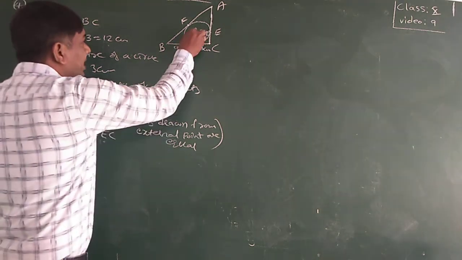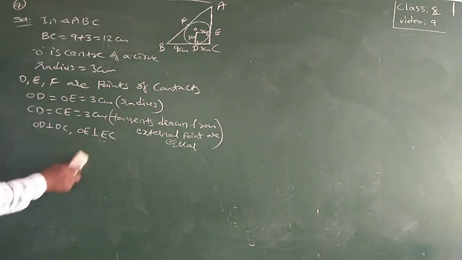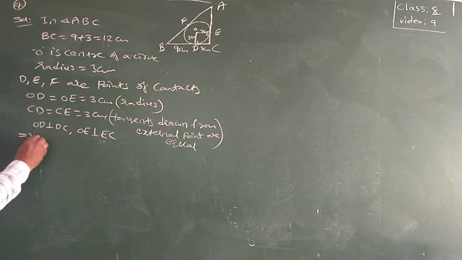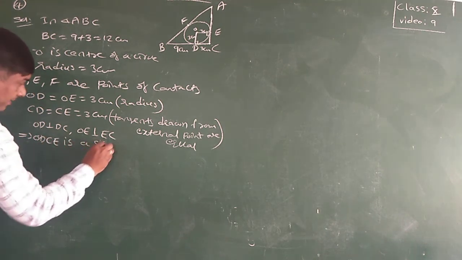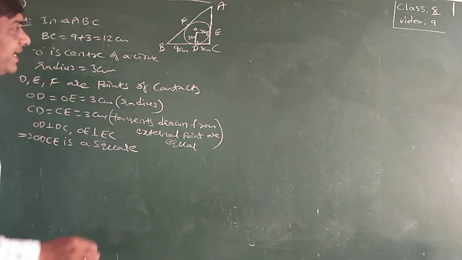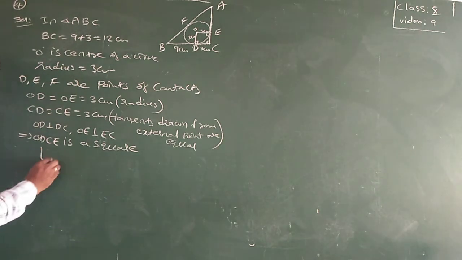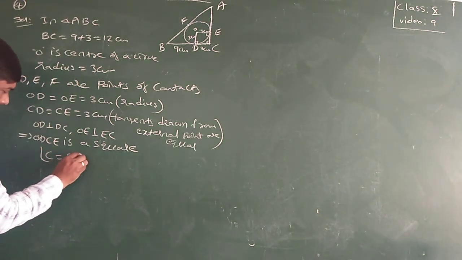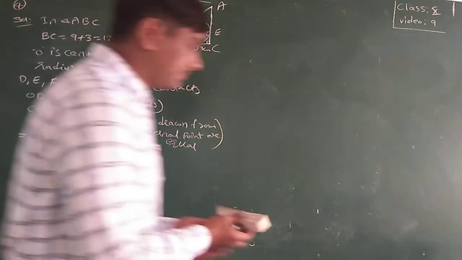What does it become here? ODCE is a square. Since it is a square, angle C is 90 degrees.